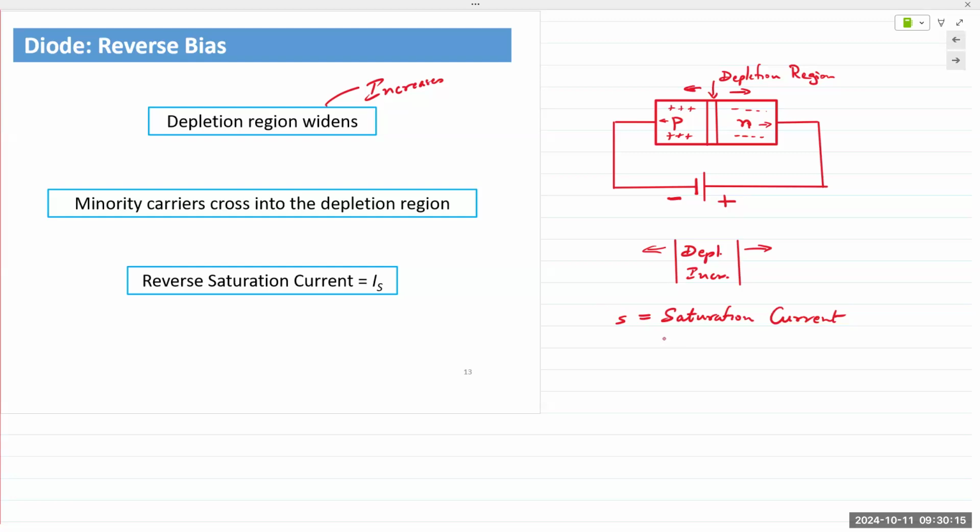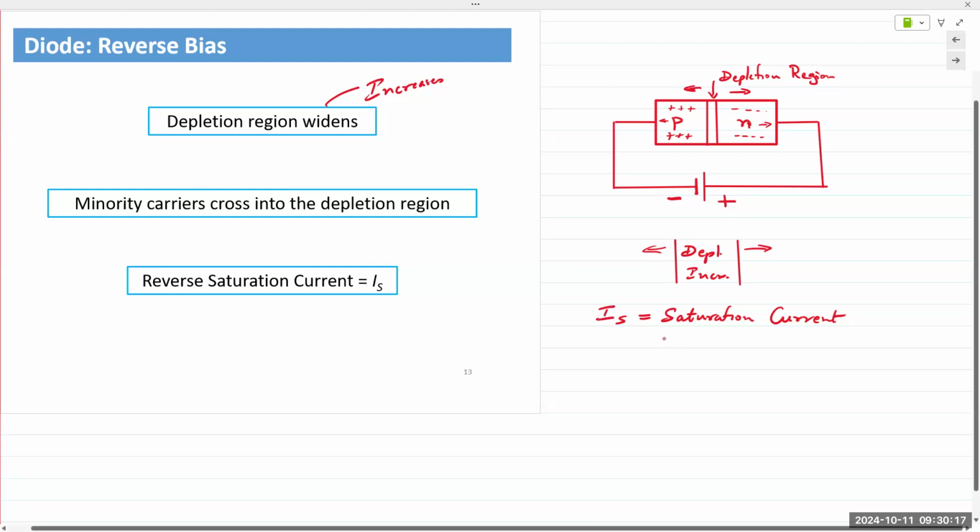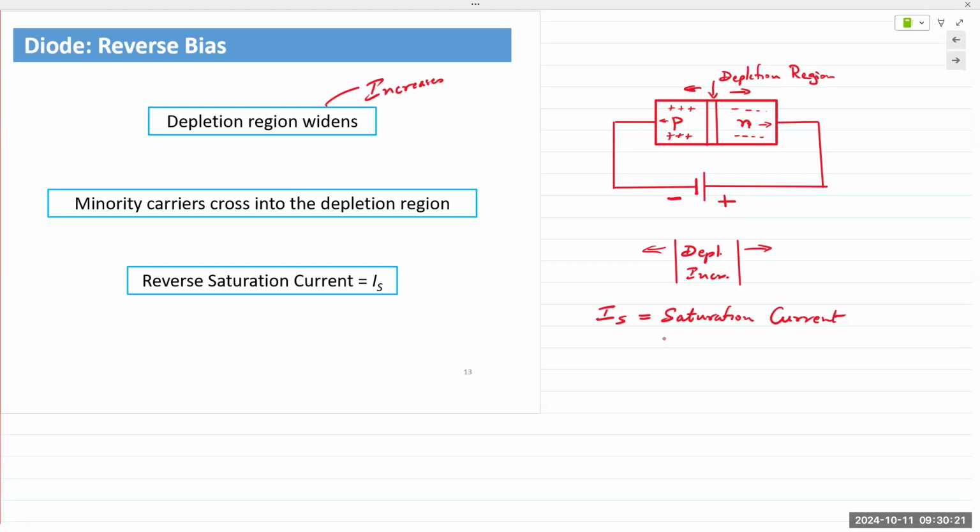Because this phenomenon was first observed in reverse bias, it came to be known as the reverse saturation current. But again, that is not technically accurate. As I said, IS is present in both forward bias and reverse bias. Also not accurate is that it saturates. The reason we name it saturation is because we think that the value would saturate, but it does not actually saturate.